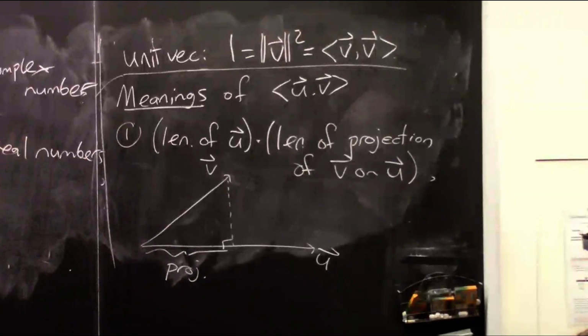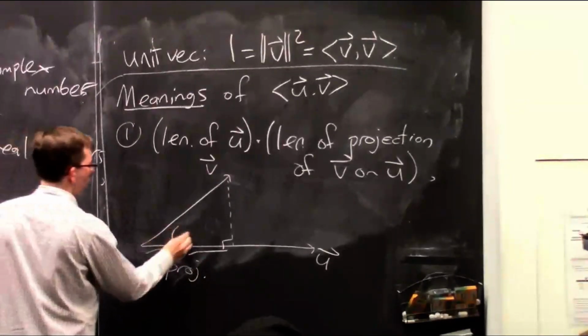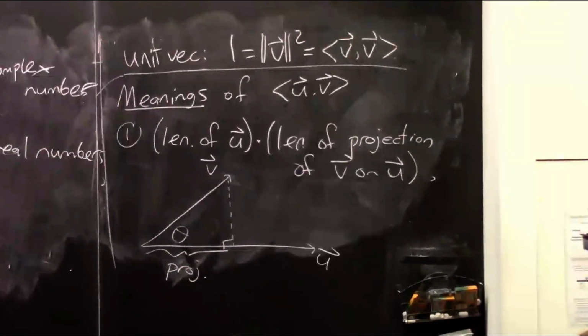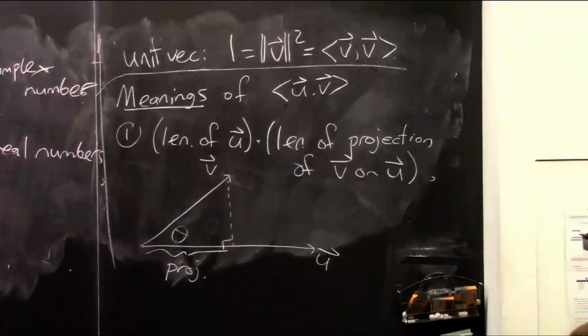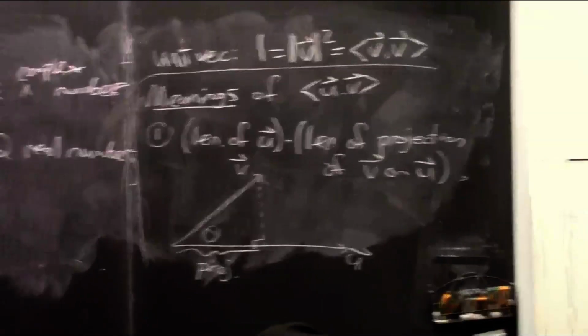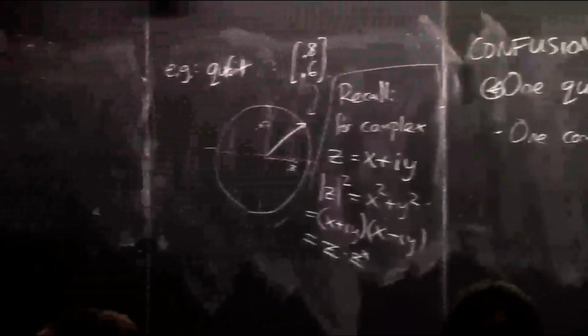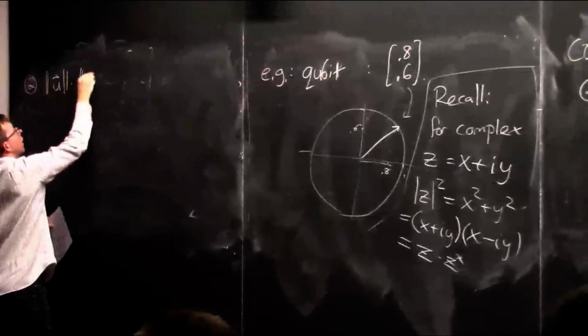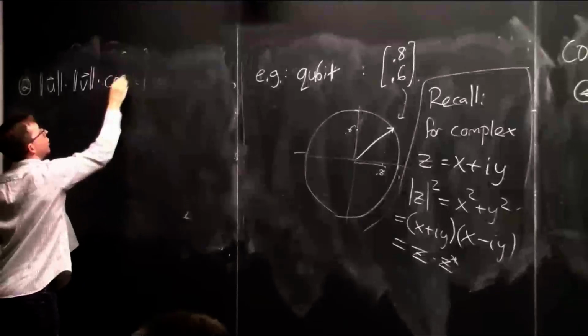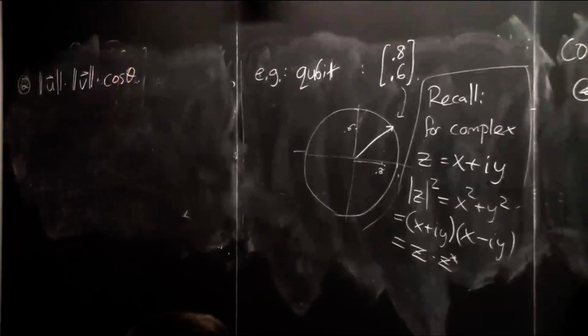Okay. That's meaning number 1 of the inner product. I'll put a symbol of theta in there for the angle between the two vectors, because that comes up in meaning number 2. Meaning 2 is the length of u times the length of v times the cosine of the angle between the two vectors.